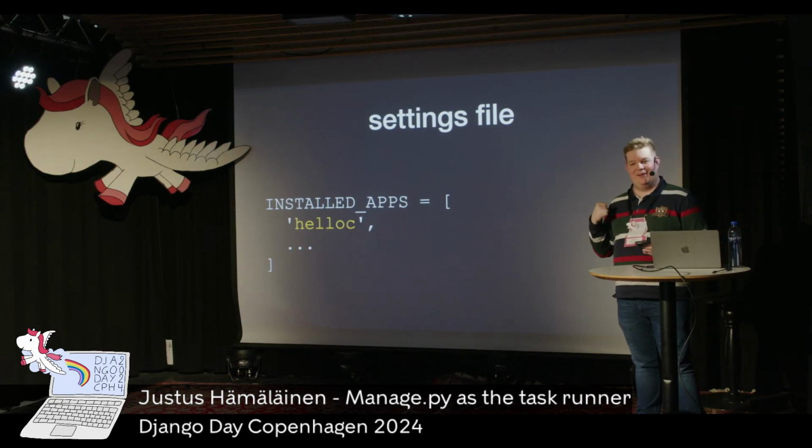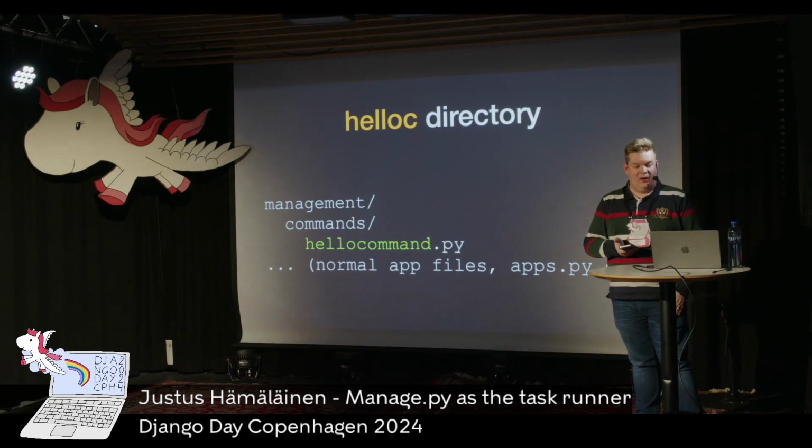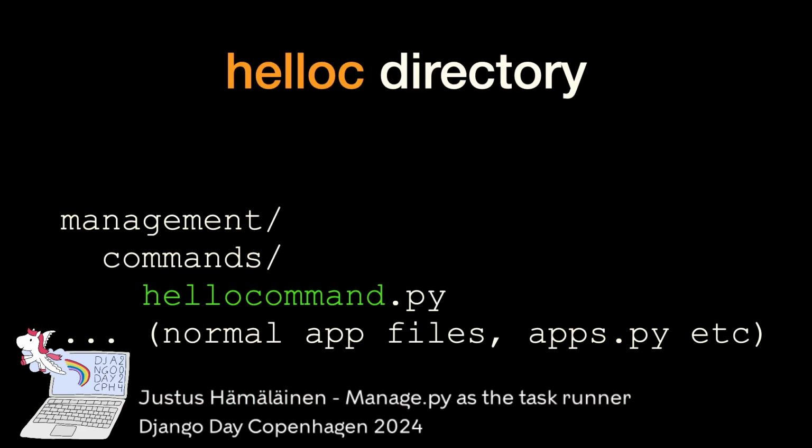And if you have a problem, basically always for me, it's that I didn't take the time to put things in the installed apps. If you check the hello_c directory, we have management, commands, and hello_command.py. Then of course normal app files like apps.py, models.py.